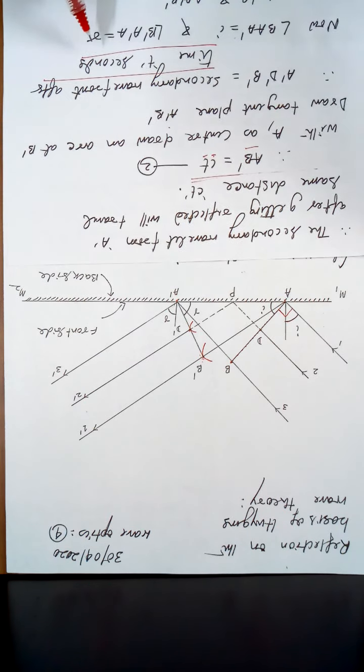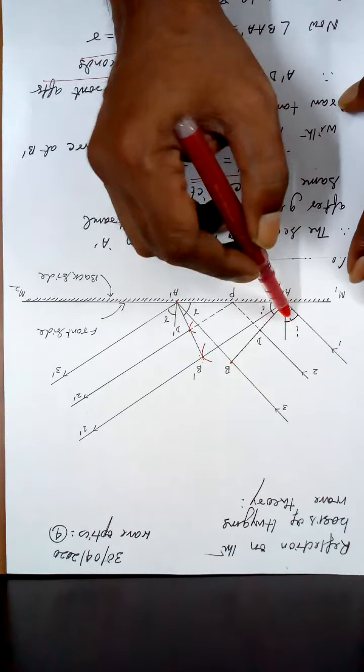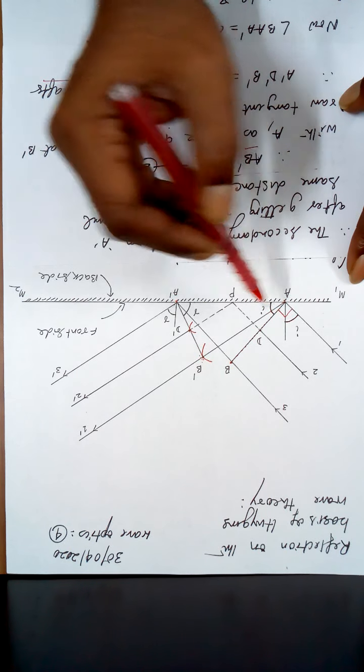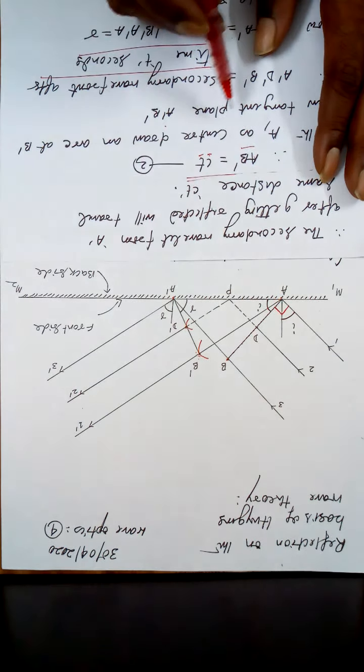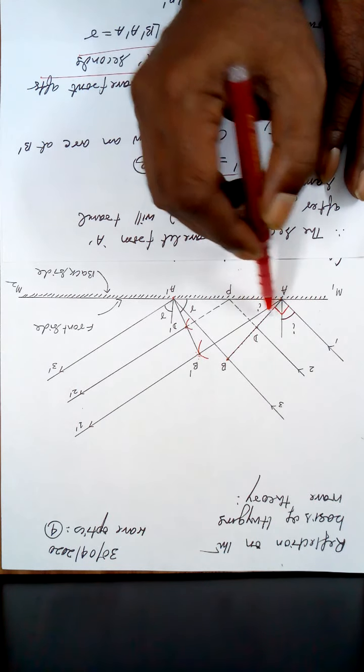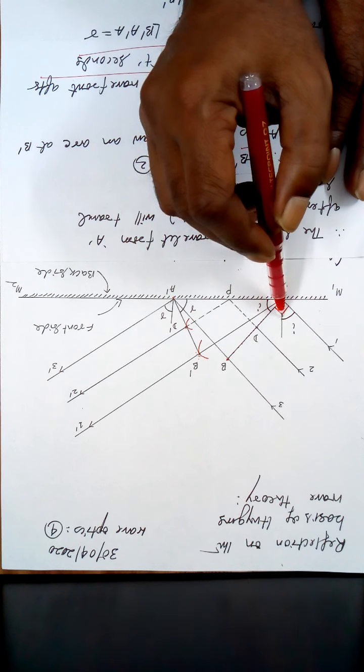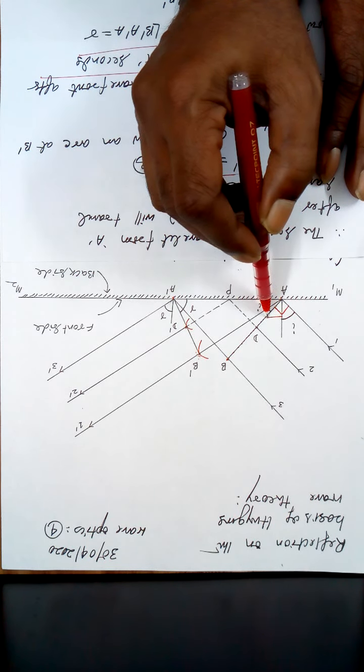Now let us see, if this angle is I, then how this angle is I. Now look, this much is 90, and from here to here is also 90.